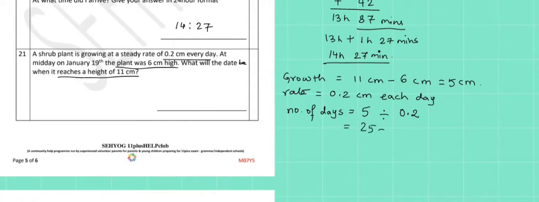Now this gives us the answer 25 days. So we will count 25 days from January 19th, and if we count 25 days, we will reach the date 13th February. So that is our answer.